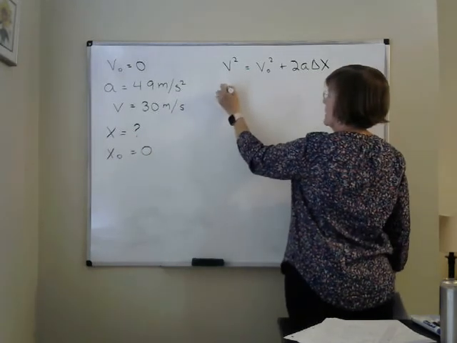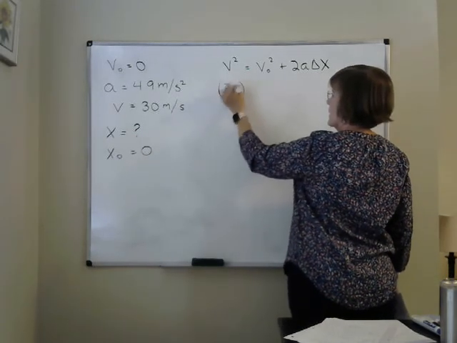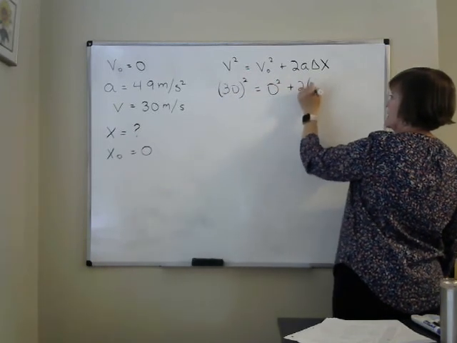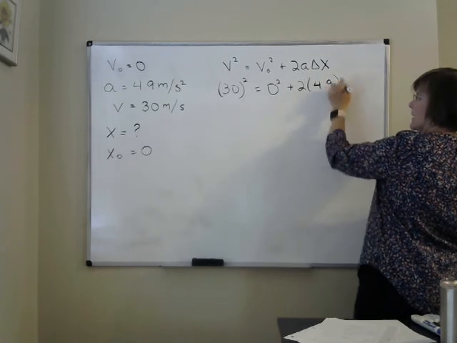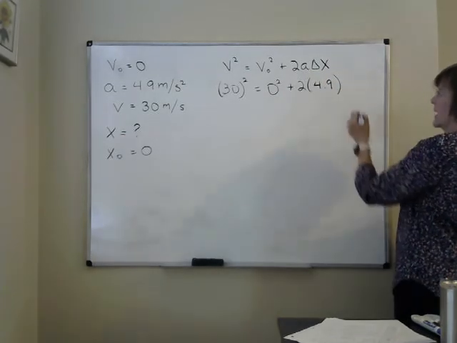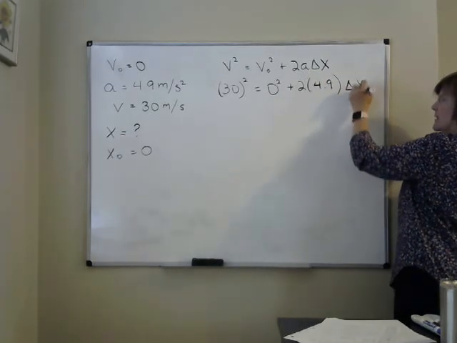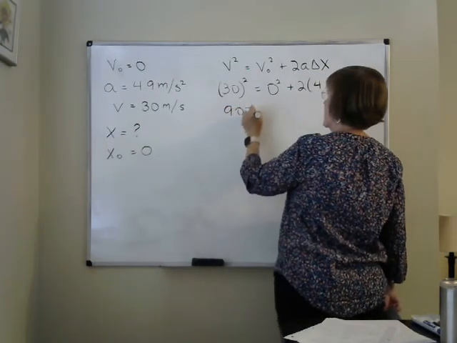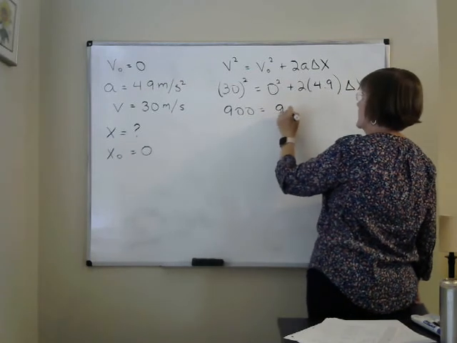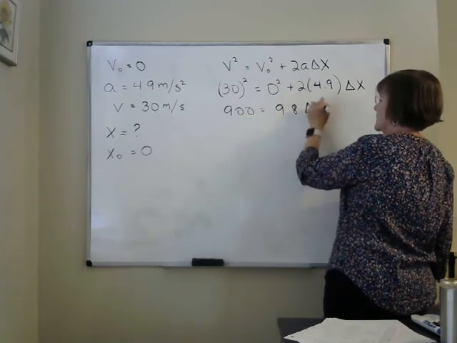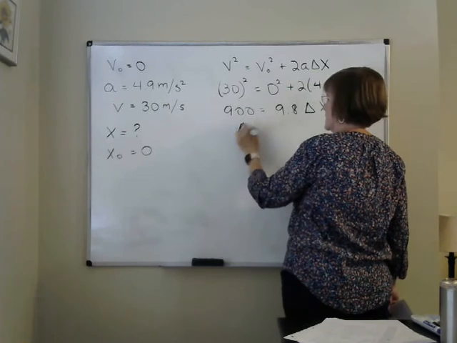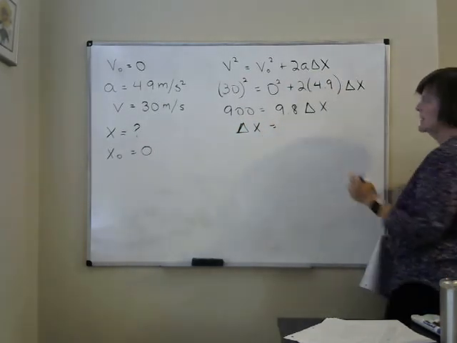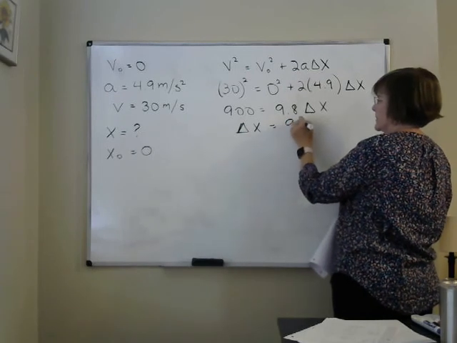This is 30. This is 0. This is 4.9. And I can just find the displacement. So 900 equals 9.8 times the displacement. It comes out to be 92 meters.